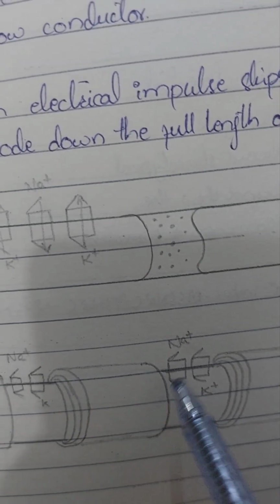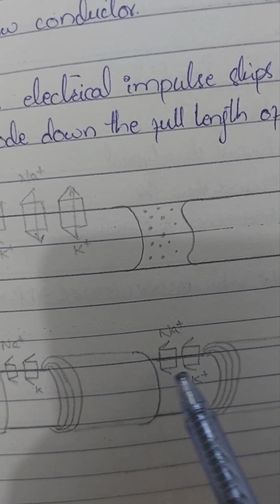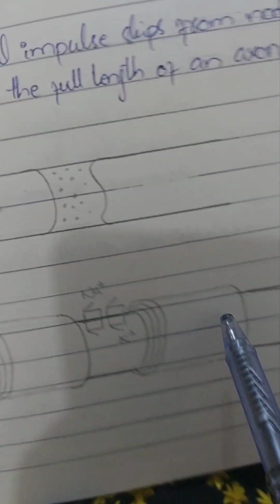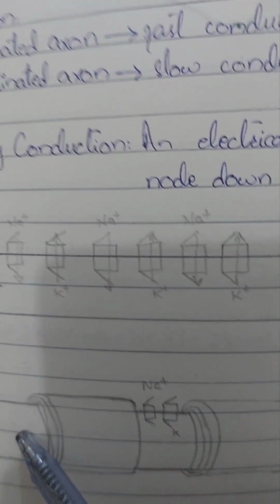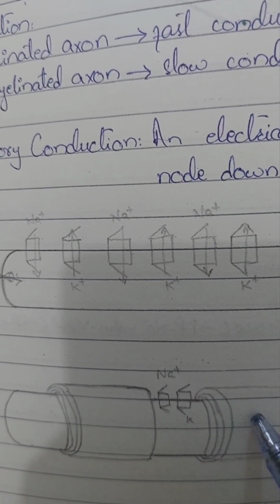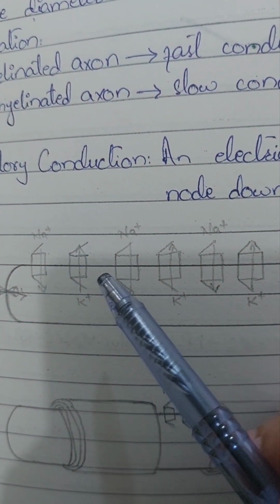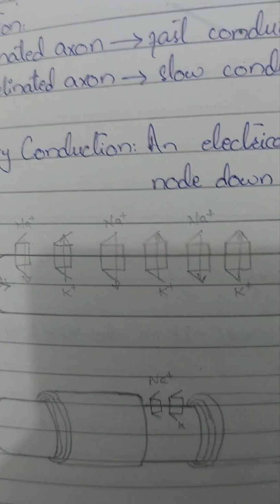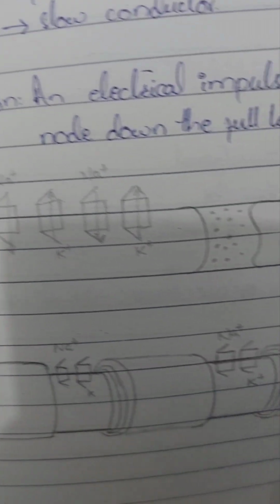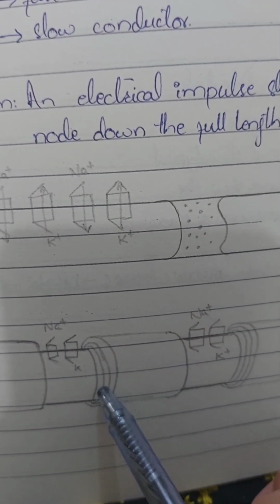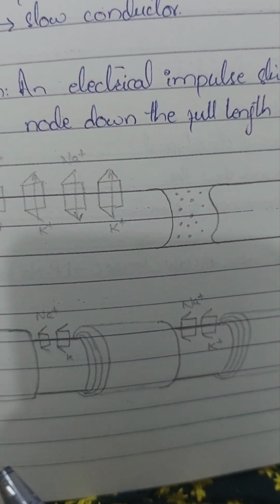Then the sodium moves, and depolarization and repolarization occur again. So this is fast compared to the unmyelinated axon, where there is repolarization and depolarization at every point. This is the fast conductor. So the well myelinated axon is a fast conductor.